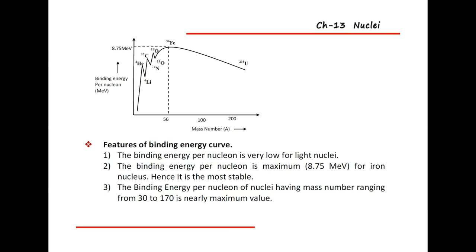The binding energy of a heavy nucleus is low, and the binding energy of a light nucleus is low; this idea is used in nuclear fusion. Like this, we have the binding energy curve.